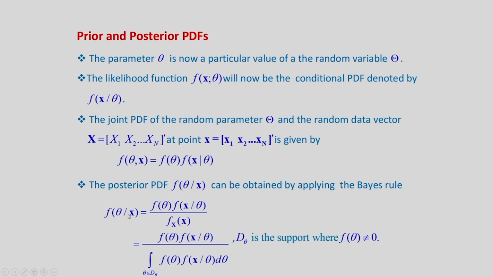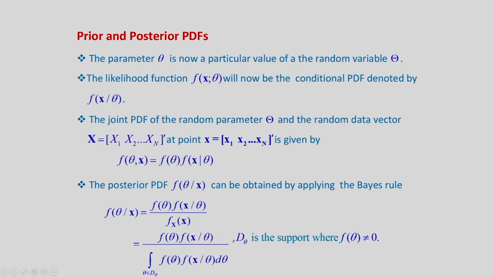f of theta given x will be equal to f of theta into f of x given theta, that is the joint PDF of theta and x, divided by f x of x. This is the marginal PDF of x.